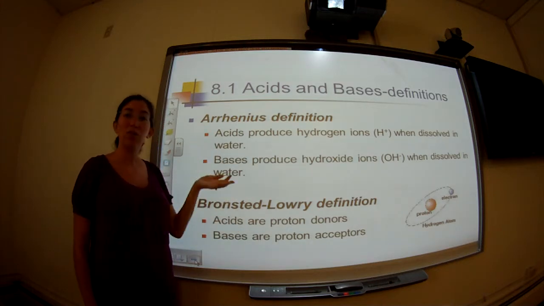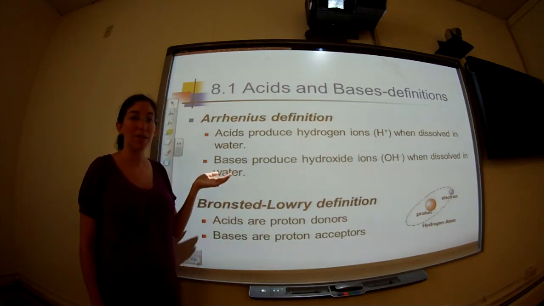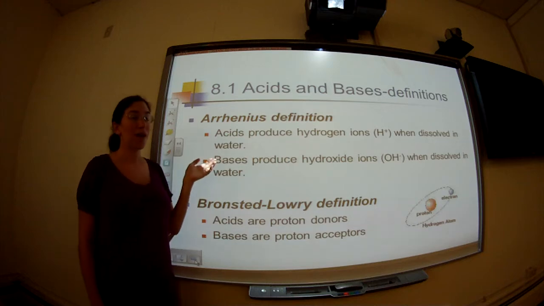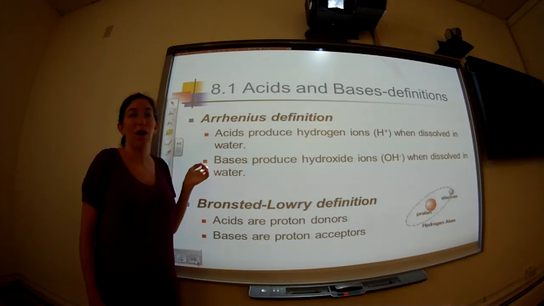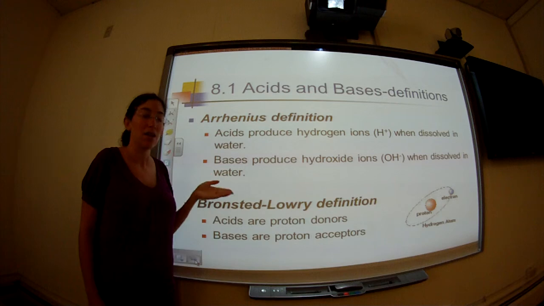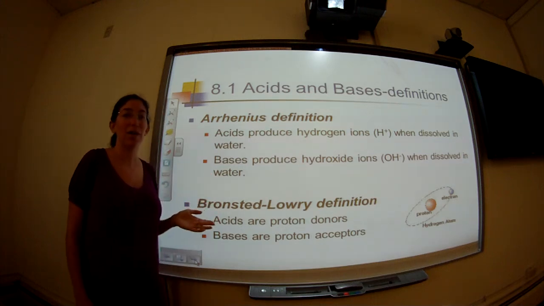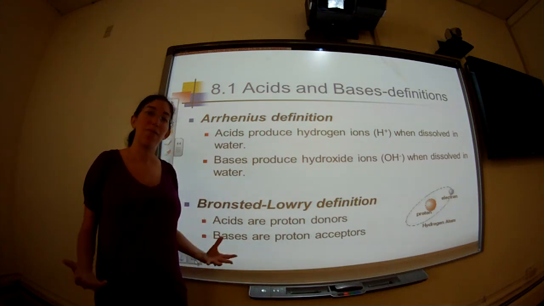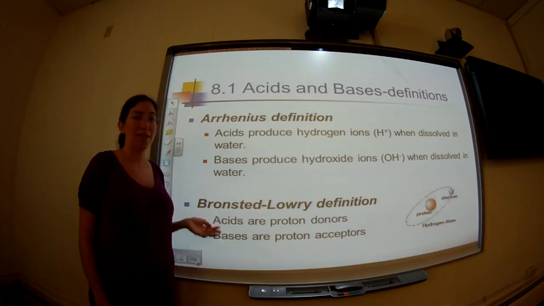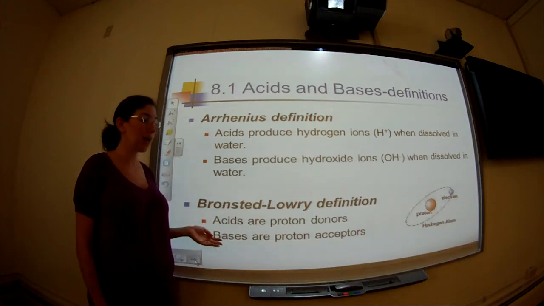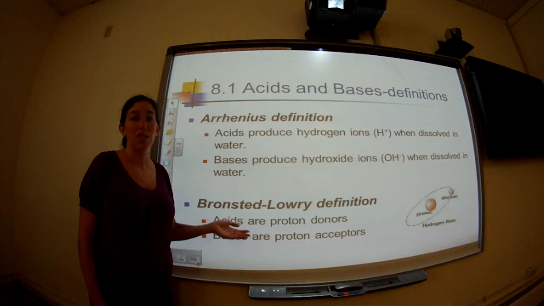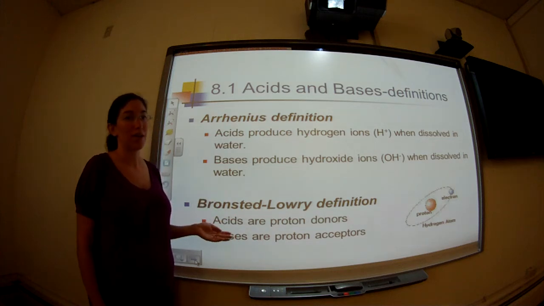This is pretty much true, but the problem is we're not always doing reactions in water. So Bronsted and Lowry came along and gave a more general definition of acids and bases, and this is the one that we more commonly use in chemistry, the Bronsted-Lowry definition.